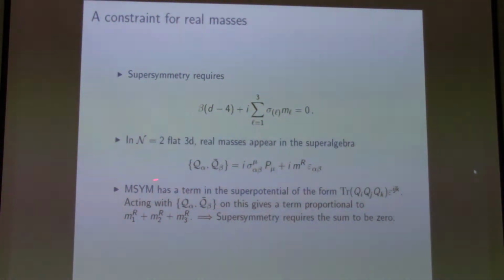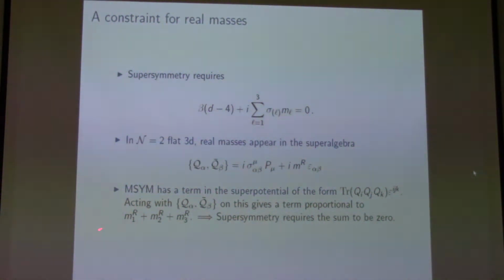Now, if you start with the maximally supersymmetric Yang-Mills, written in N equals 1 language, there's a term in the superpotential that looks like trace Qi, Qj, Qk with an epsilon ijk term. And if you act with this combination of Q and Q tilde and Q bar on this term, it will give you a term proportional to the sums of these real masses of these charges.